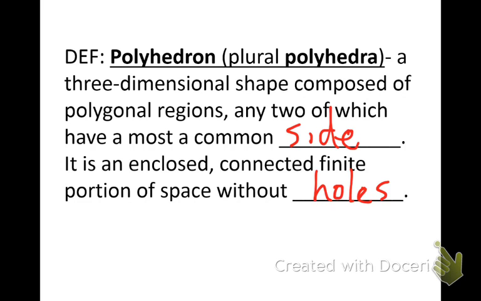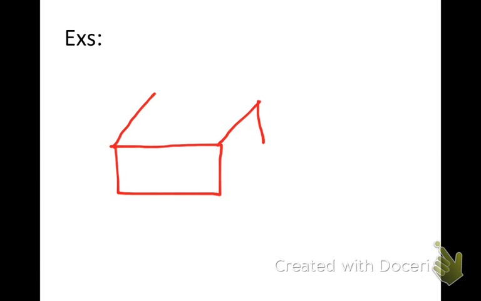If I were to draw a picture of a polyhedron, it would look like this if I did a rectangular prism. We'd have a face that's a rectangle, and then you make these.